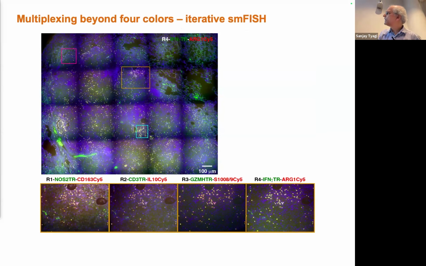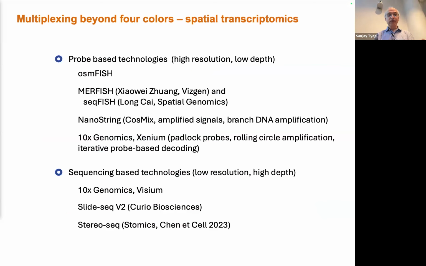And this shows 4 rounds through the green square. But this is just our lab's way of doing 8 RNAs, perhaps 30 RNAs. But the thing about this is that this technology has been automated by a number of companies.